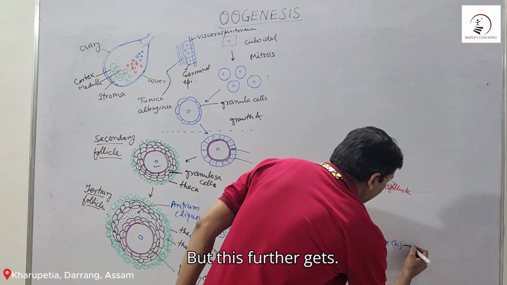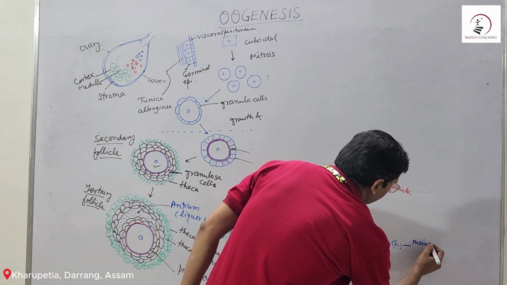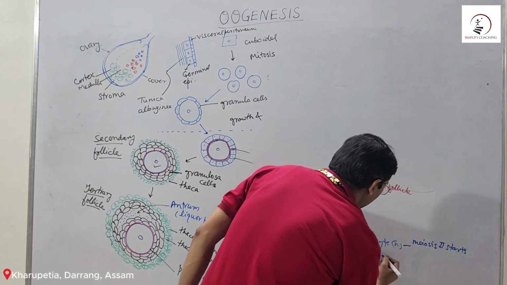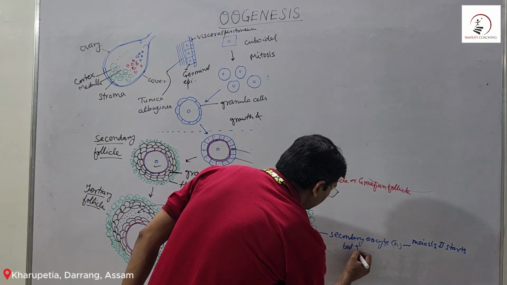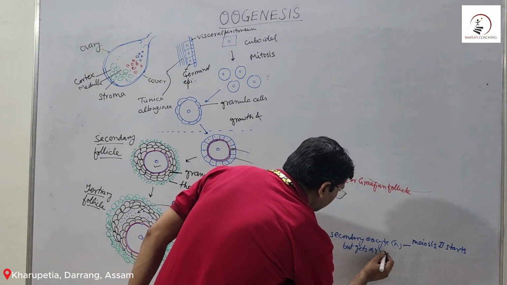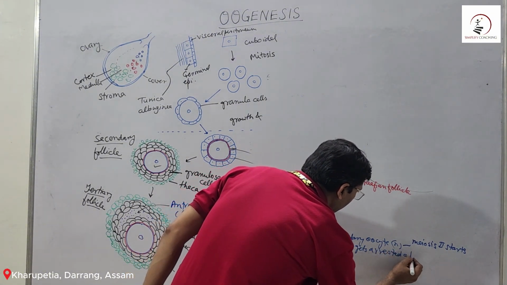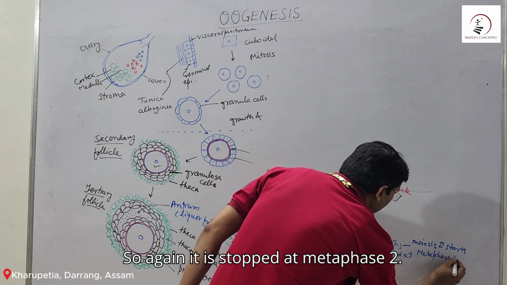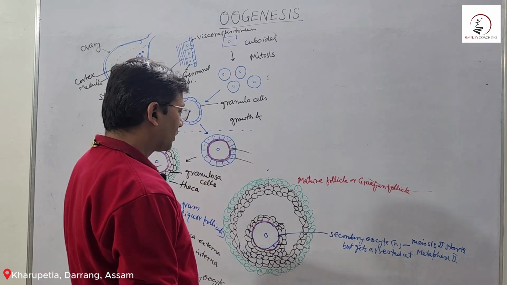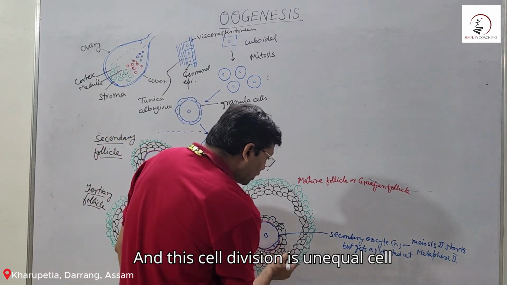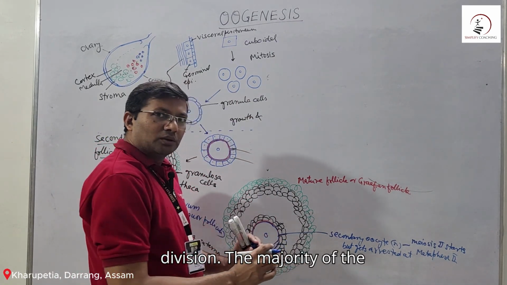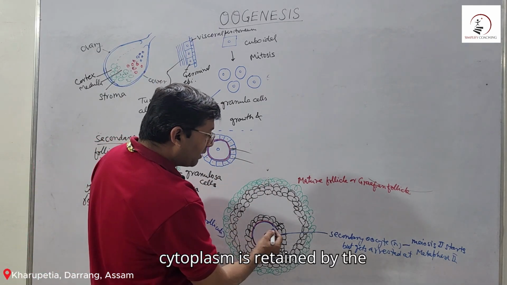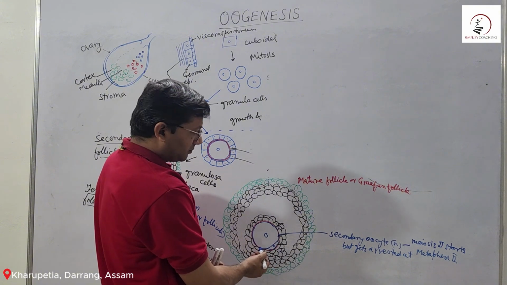But this further gets, meiosis 2 starts, but it gets arrested at metaphase 2. So again it is stopped at metaphase 2. And this cell division is unequal cell division. The majority of the cytoplasm is retained by the secondary oocyte.